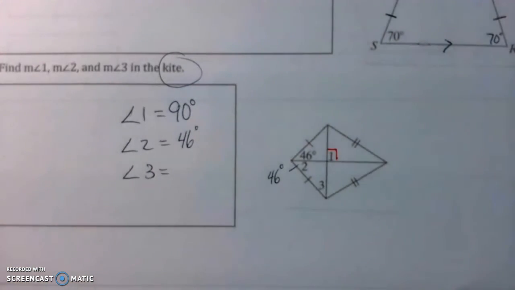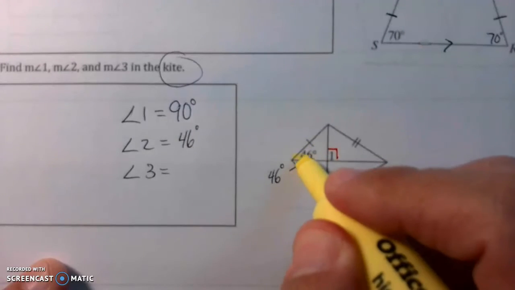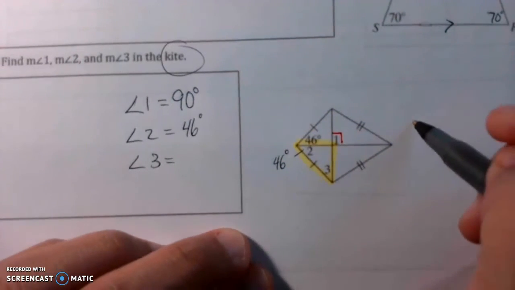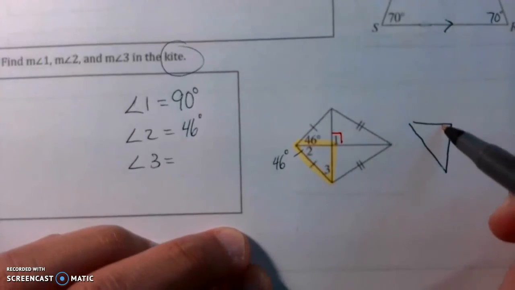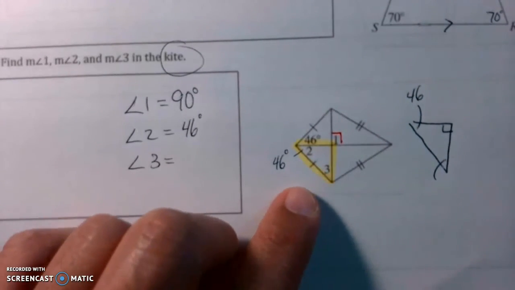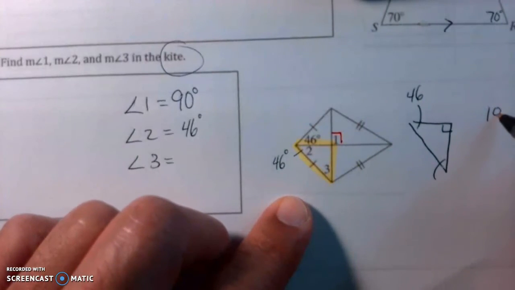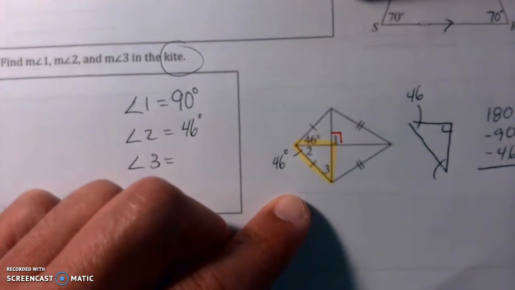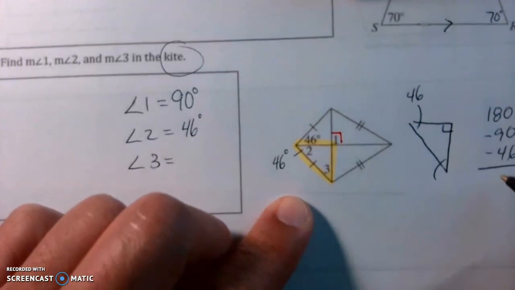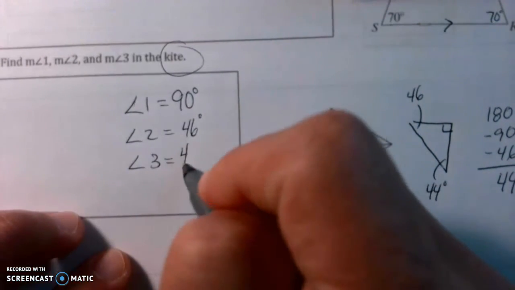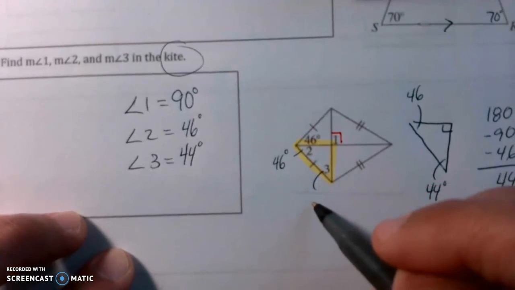You got to focus in on this triangle down here for angle 3. You've got a 90 degree, I'm just blowing this up, angle 2 here, which is 46, and then angle 3 here, it's 180 minus the 90 minus 46 is equal to 44 degrees. So this is 44 degrees here, 44 degrees. Okay, and that is it.